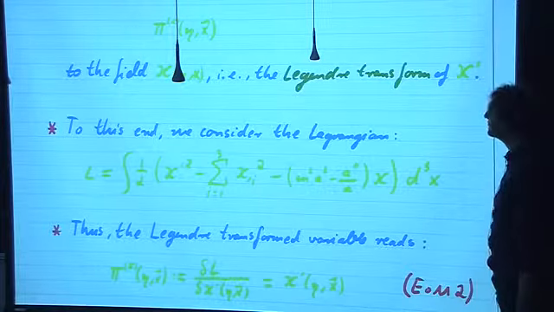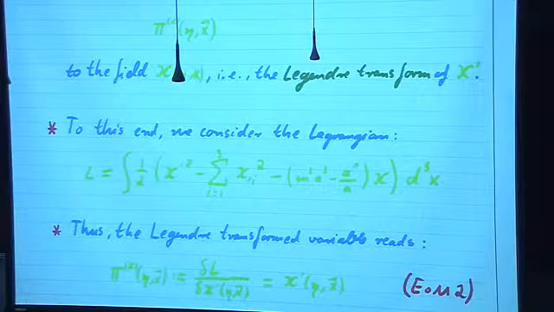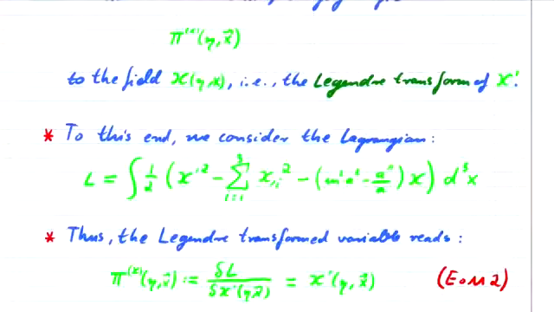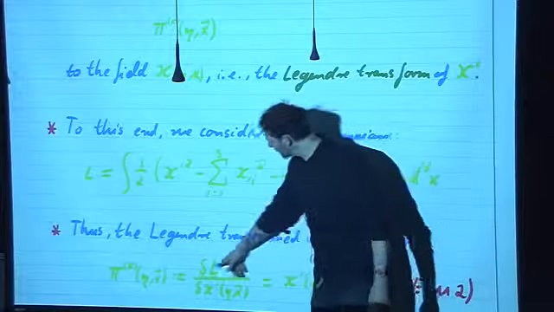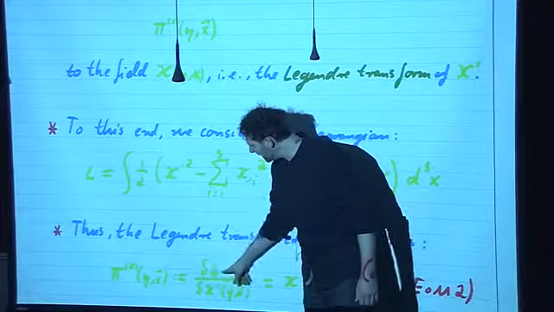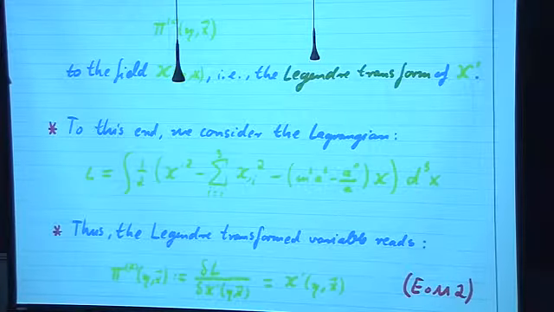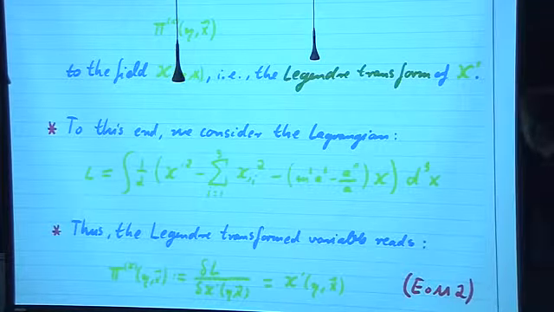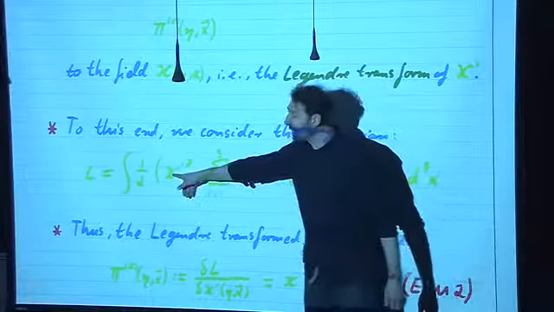So what is the canonically conjugate momentum field to chi? Well, we need to do the Legendre transform with respect to chi prime. So we calculate the new variable, dL by d chi prime. And what is it in this case? Well, we are lucky. It's chi prime again.